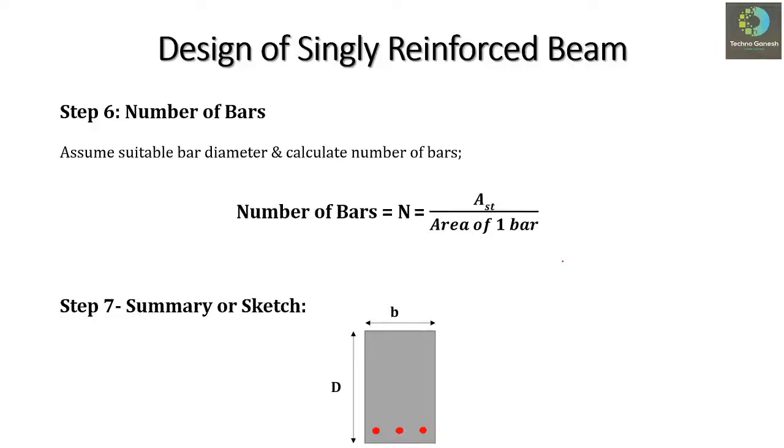Sometimes the dead load and live load are provided, so in that case we first find the depth by equating Mu with Mu limiting, and for that we have to calculate the moment. In this way we'll be able to derive the required amount of reinforcement and the sizes of the beam.